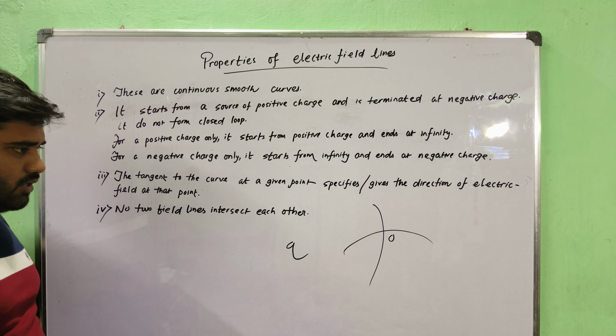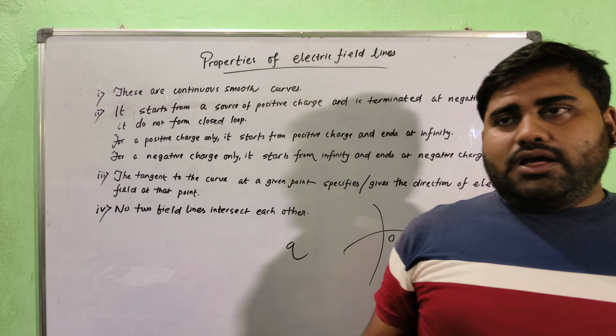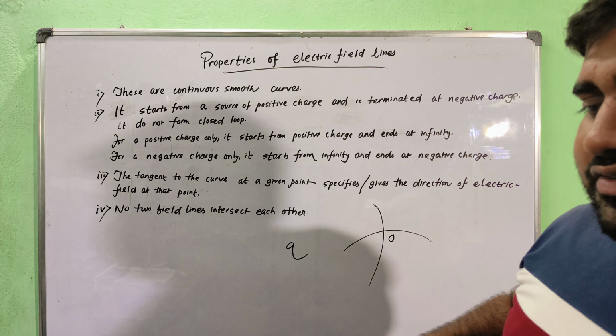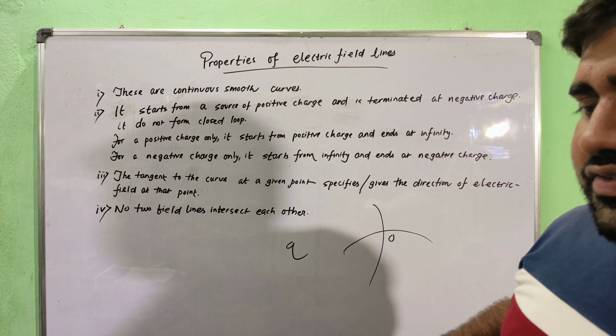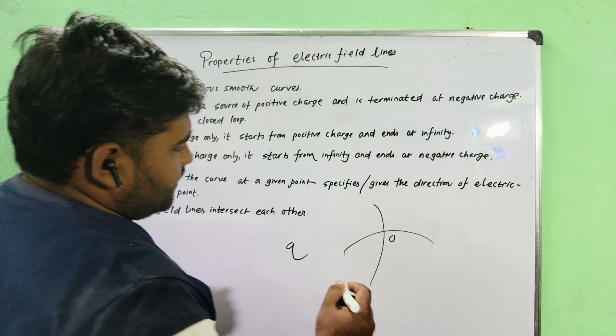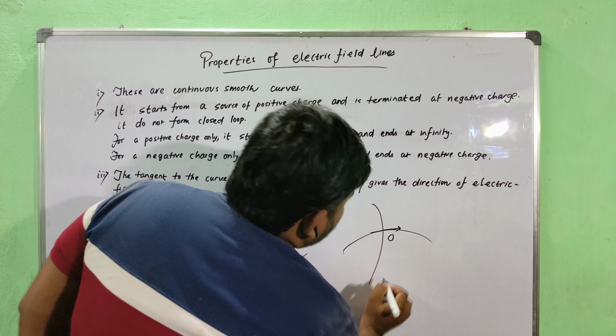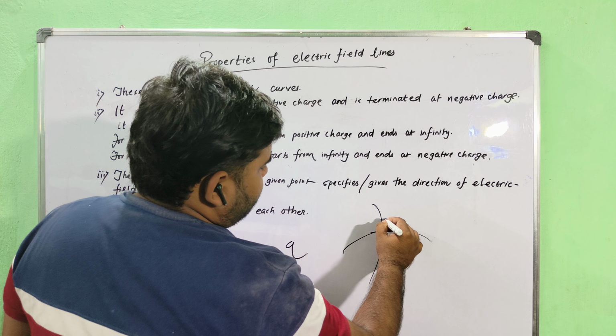And why so? Because for a source of charge and its electric field, every point on that electric field has a specific direction. No two directions exist at the same point. So at this point let us draw a tangent. There are two tangents possible at this very point.